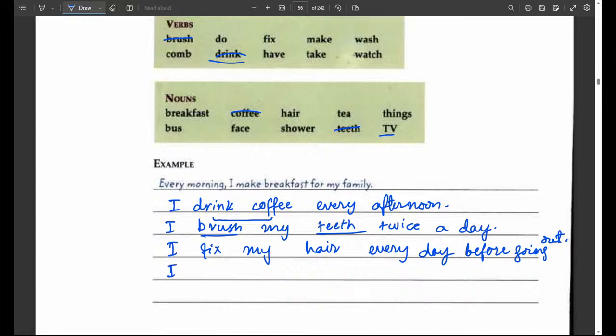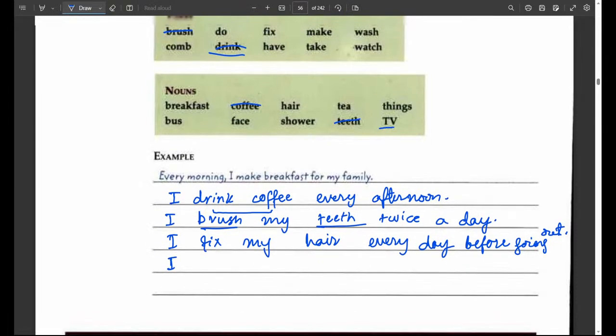Let's say I watch TV. I watch TV in the morning. Very unusual thing, right?